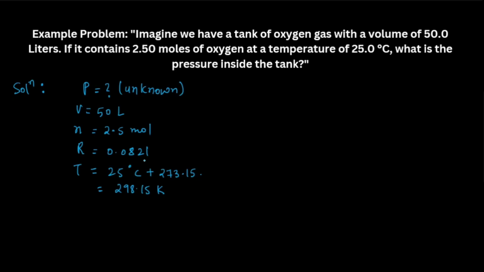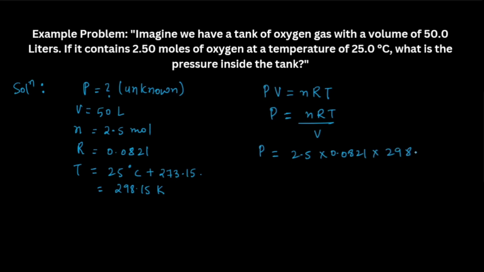Now rearrange the ideal gas law to solve for the unknown. So basically we want to find the value of P. So we rearrange the pressure equation, P = nRT/V, and substitute all the values into it: 2.5, 0.0821, 298.15, divided by the volume, that is 50 liters.